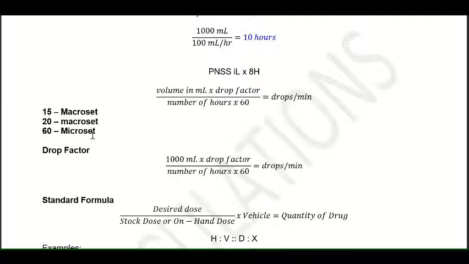In that case, if you're using microset, usually your microset could be easily differentiated because of the presence of a needle-like tube, or needle, inside the chamber of the IV fluid. So when I say microset, it takes 60 drops to form an ml. And then your macroset, your 15 and 20, would take 15 or 20 drops before it would form an ml. In this case, I'll take this one as a macroset.